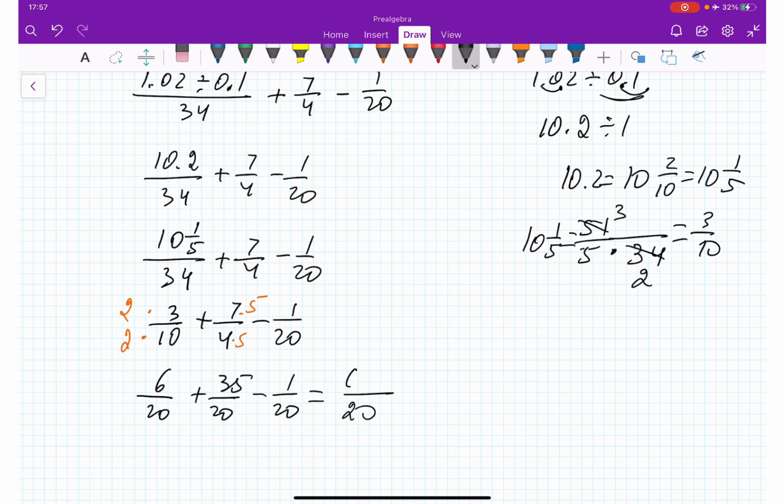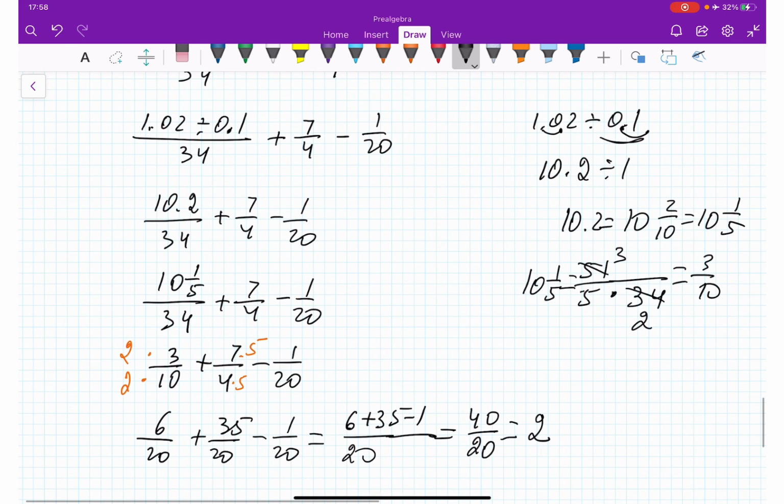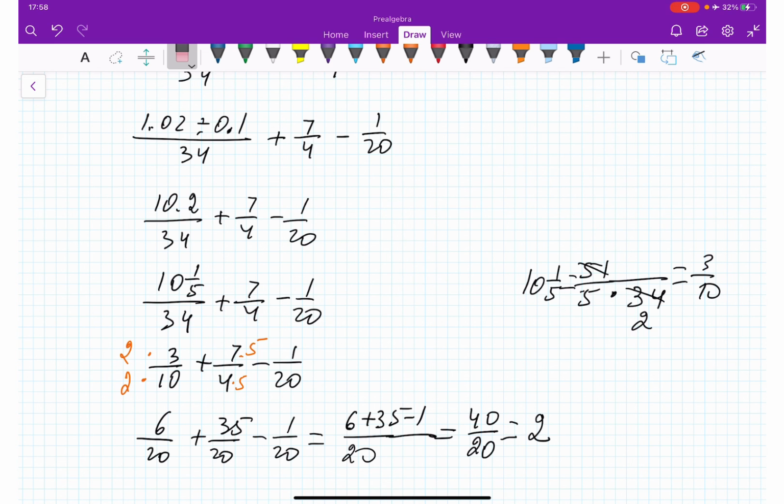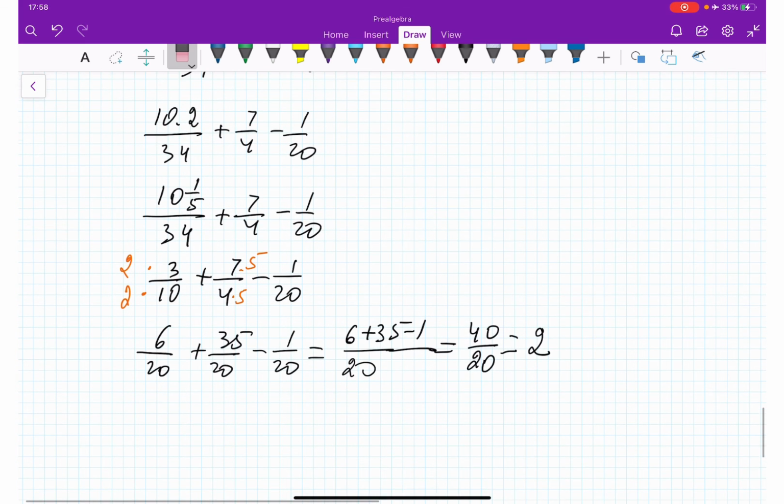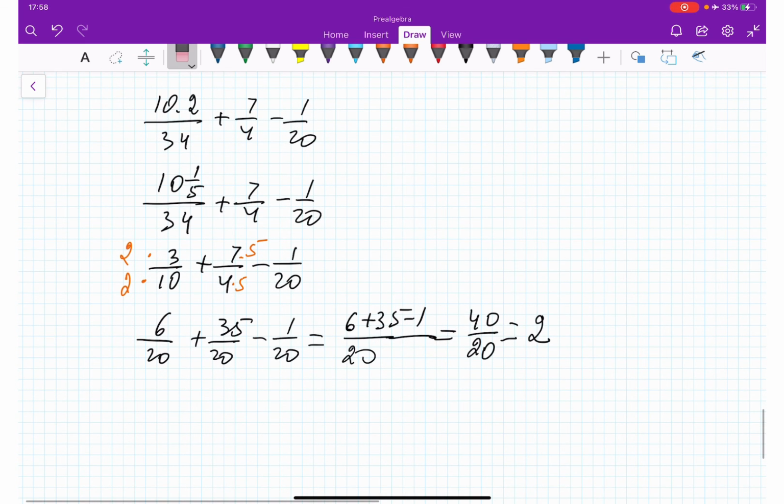In the numerator, we have 6 plus 35 and minus 1. And this is going to be 40 over 20. And finally, the answer is equal to, let me clean this mess to have it organized step by step. Okay, and we get the answer 2.